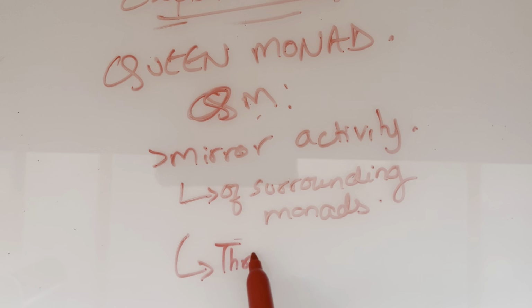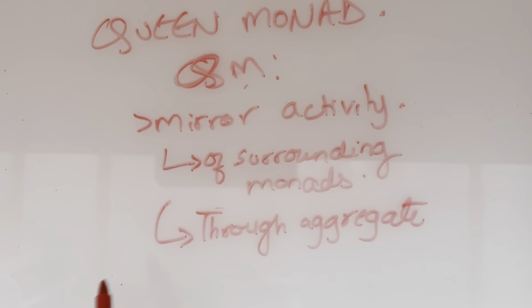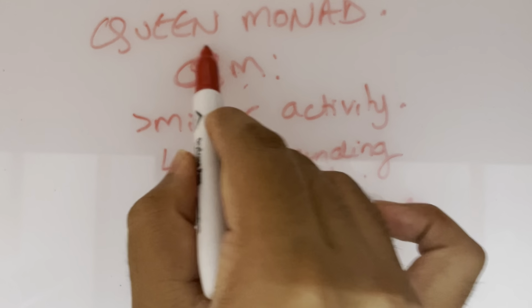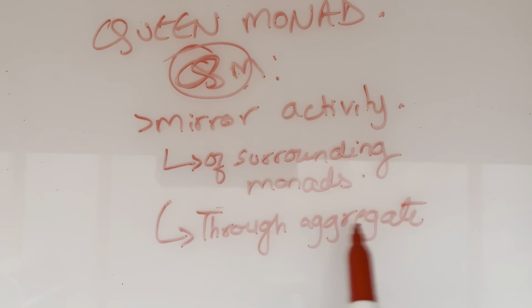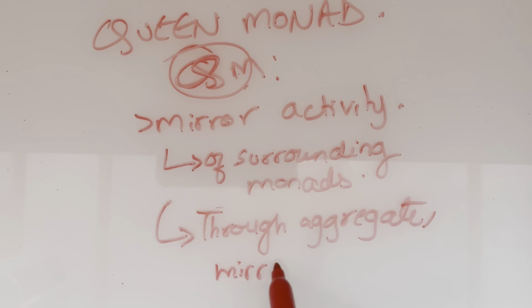And through the aggregate we have seen that body is an aggregate organized by the monad with the highest consciousness, which we call queen monad, and through the aggregate or the body it mirrors activity of the universe.